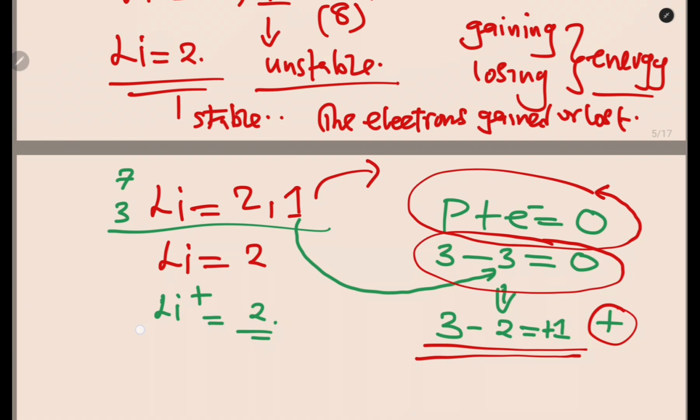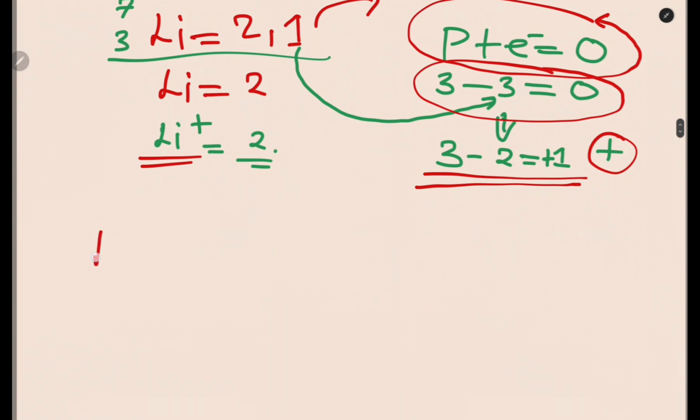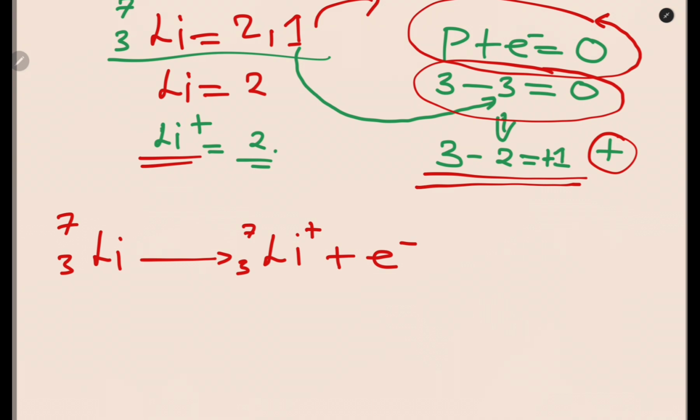So the lithium ion is like this. So in formation of the lithium ion, we can present it like this. So lithium, the normal one, in this case becomes lithium ion, plus 1 electron is lost.